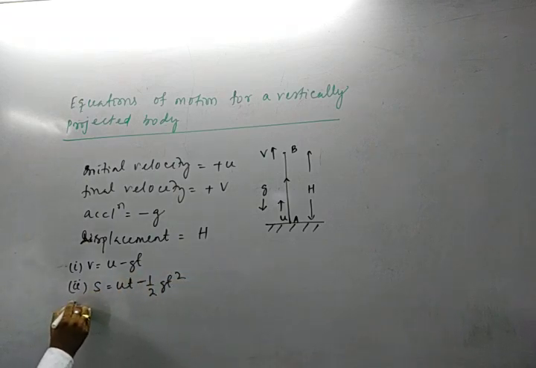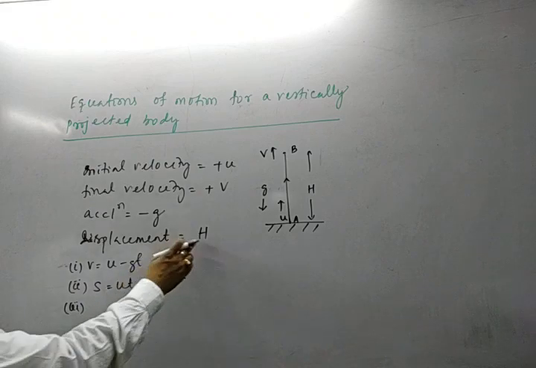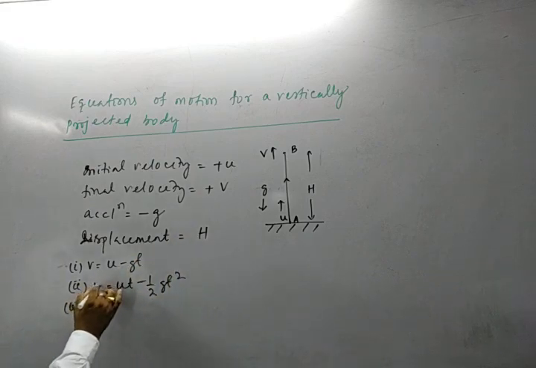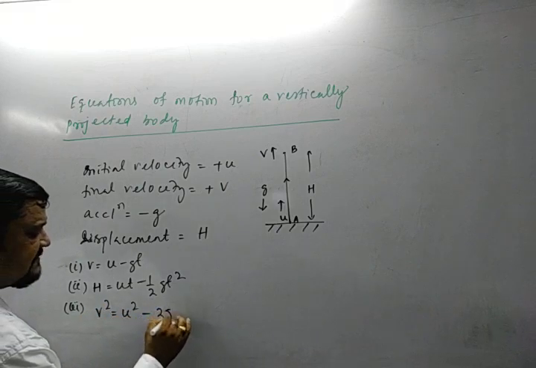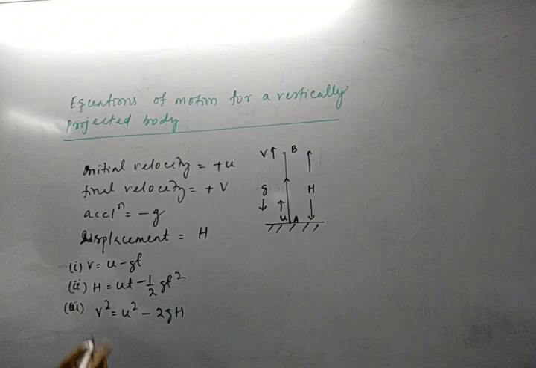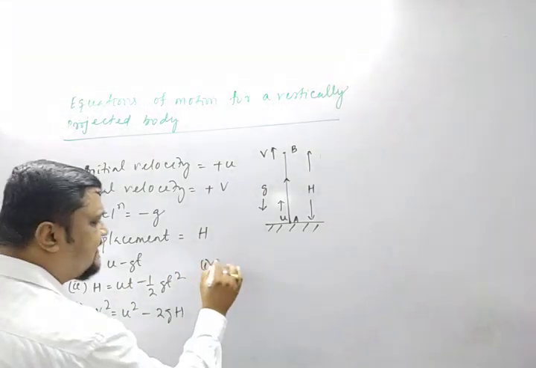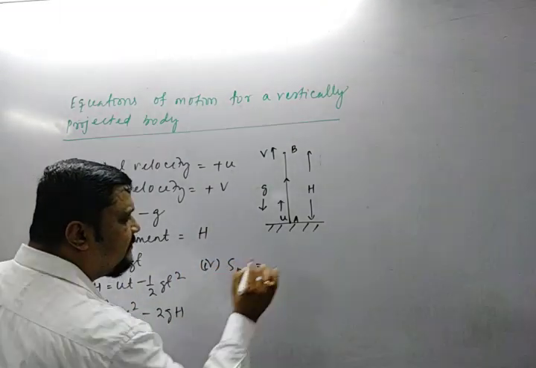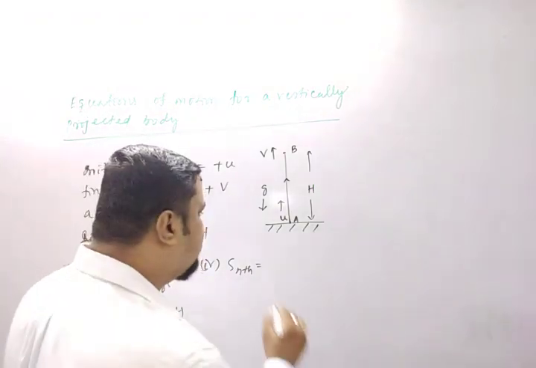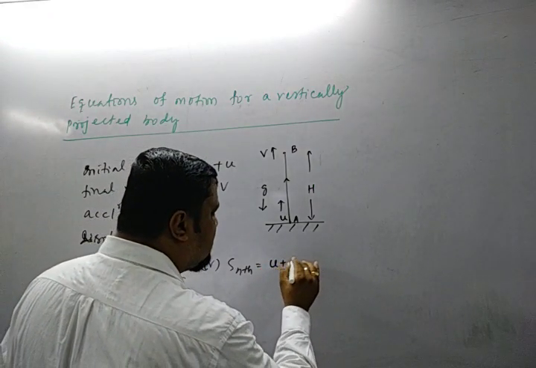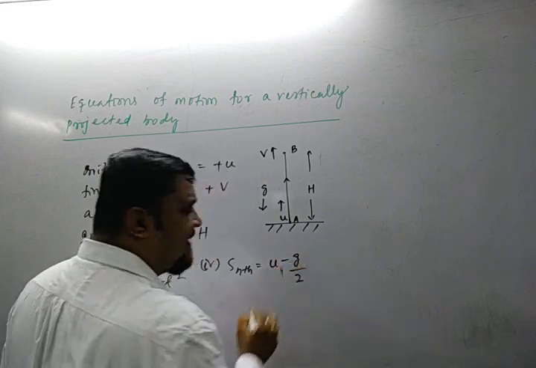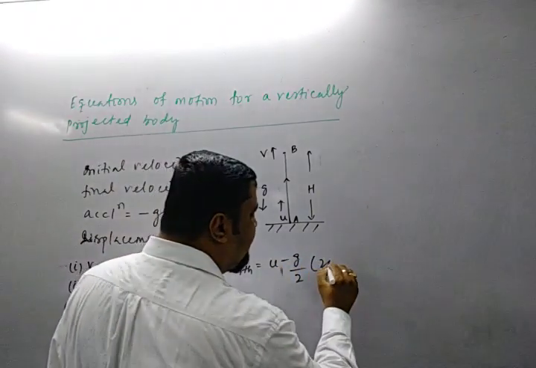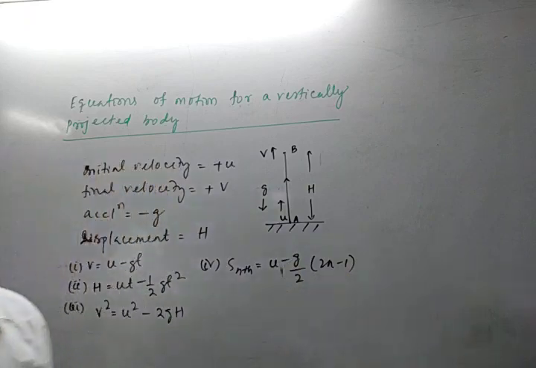Then third one, because s here is h, v square is equal to u square minus 2gh in place of s. Then the fourth one, obviously S_nth is equal to u minus g by 2 into 2n minus 1, because it is minus g. So these are the equations.